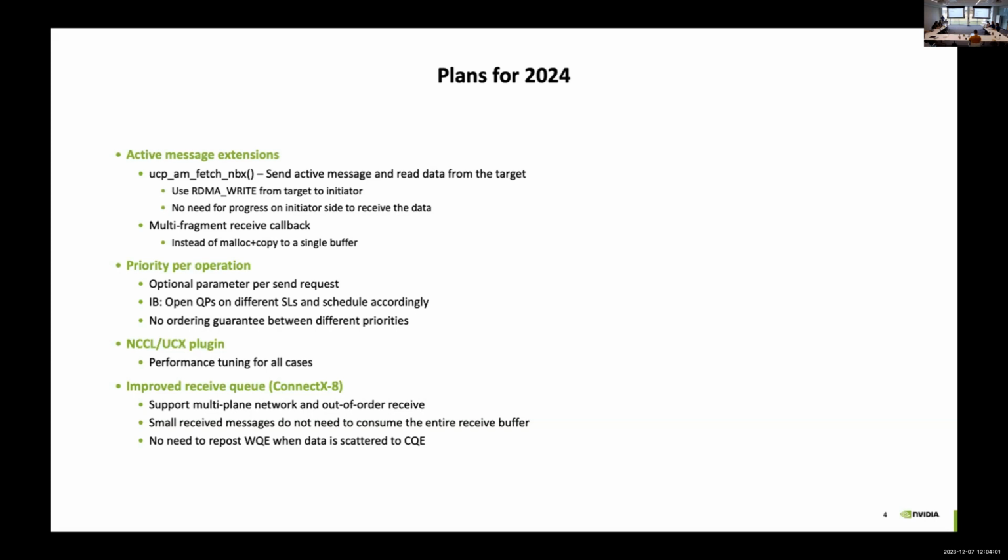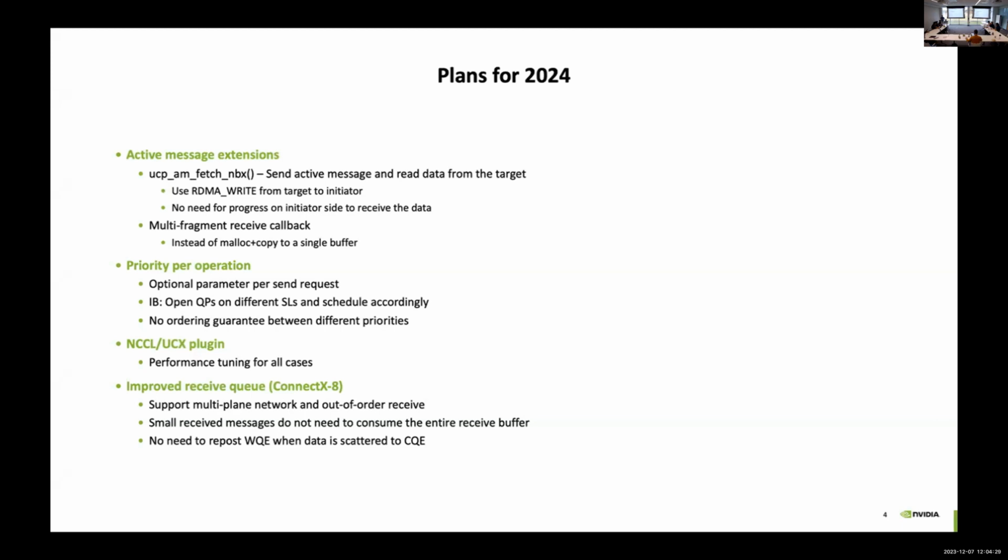Also, when working on a Spark DPU project, we identified a performance issue: when the initiator tries to read data from the target as part of a fetch blocks operation, we don't want to have any additional progress on the initiator. We just want to send the request to read blocks, and then we want to have the blocks ready in our receive buffer at some point in time without progress in the network anymore.